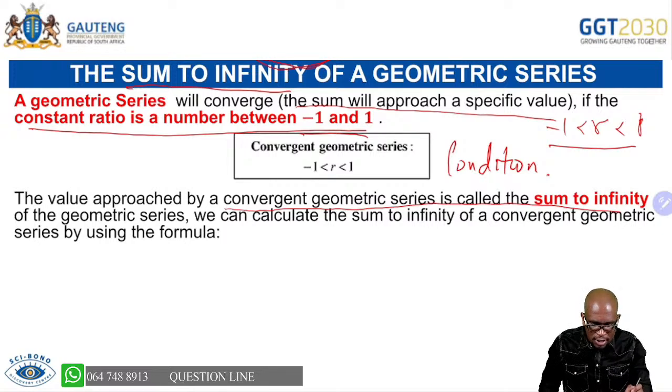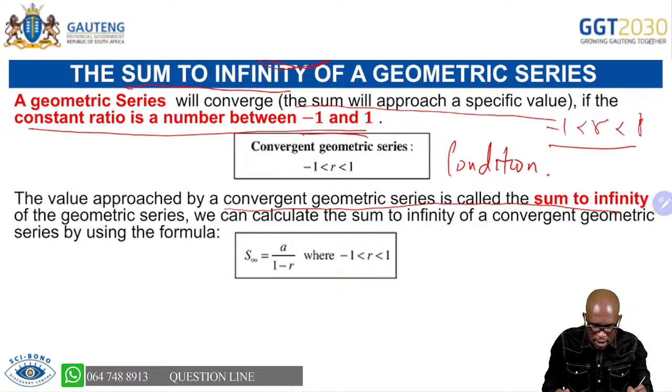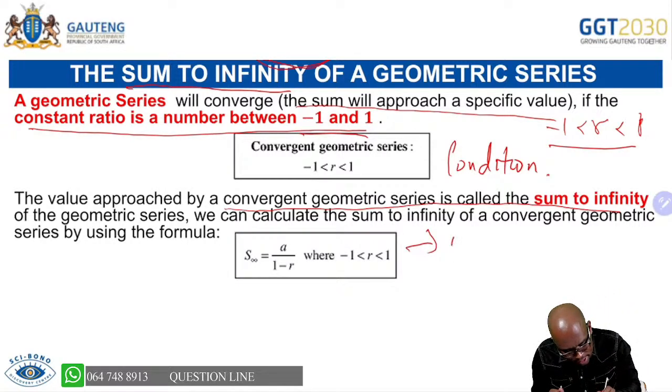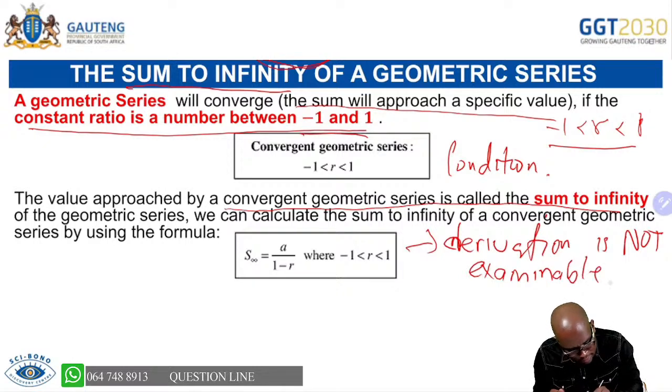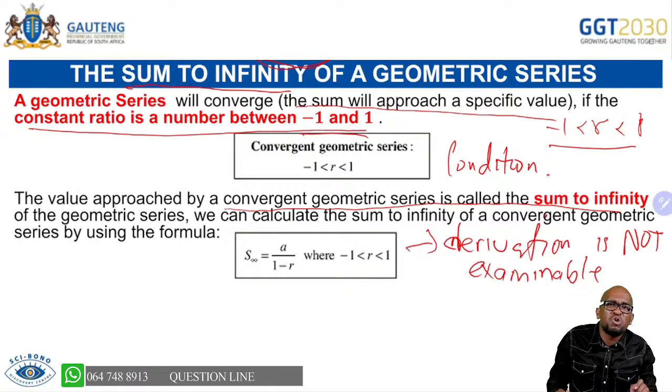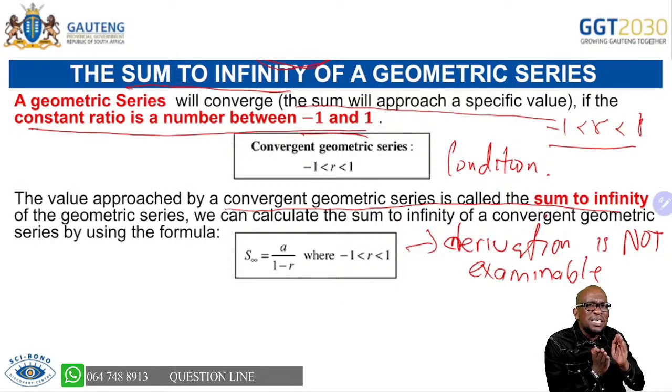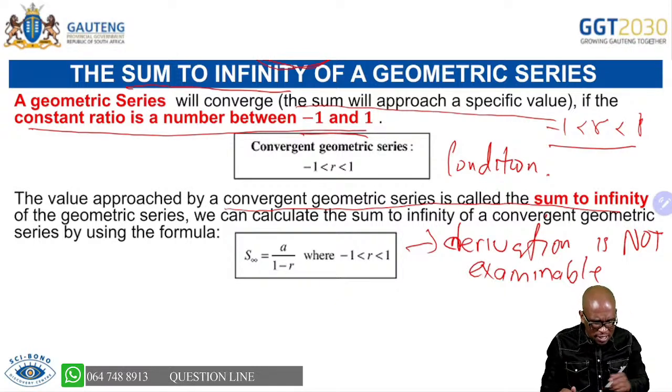We can calculate the sum to infinity of a convergent geometric series by using the formula. This one is a derivation, and the derivation is not examinable. The derivation includes the use of limits that you use in calculus, because we have to limit this specific sum to a specific value.